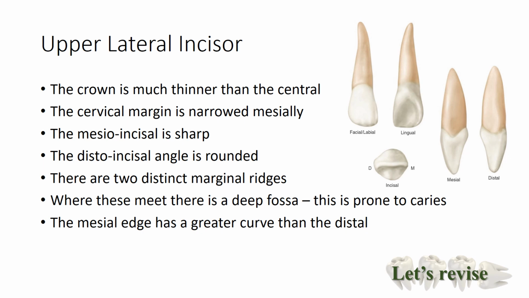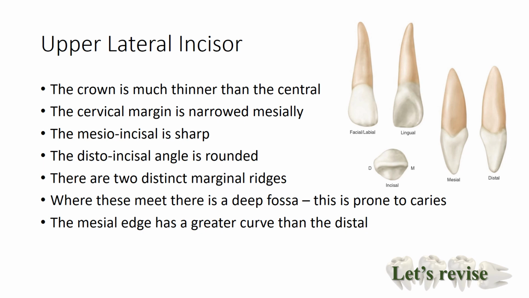If you're presented with them in the arch and you're trying to establish them, it is actually easier, because normally they'll go central lateral, although sometimes teeth do end up being swapped around, and that's always quite interesting to see. But for the most part, it's easier to distinguish them. But you need to be able to have a look, because imagine if someone came in with all 4 teeth out of the arch, we need to get them reimplanted the correct way round. So we need to get this right.